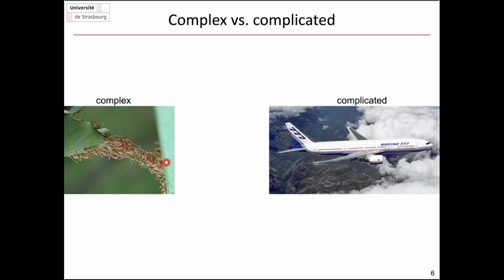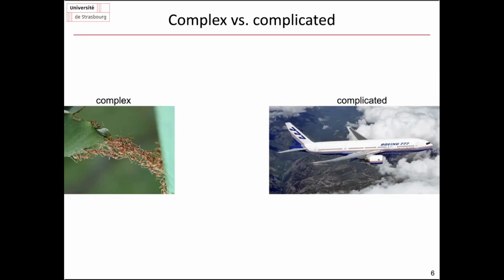This on the left side, these are fire ants that are making a bridge and helping in this way each other cross from this leaf to the stem of a plant. And that's a complex behavior. It's complex.